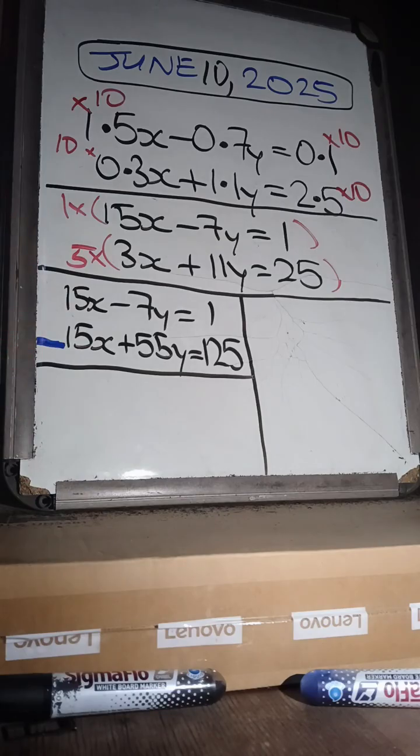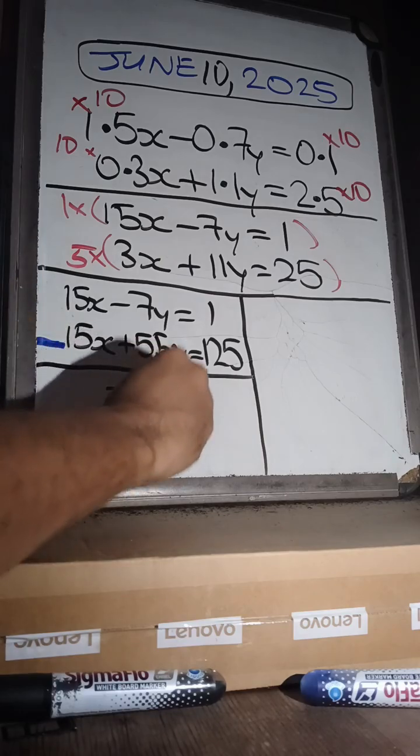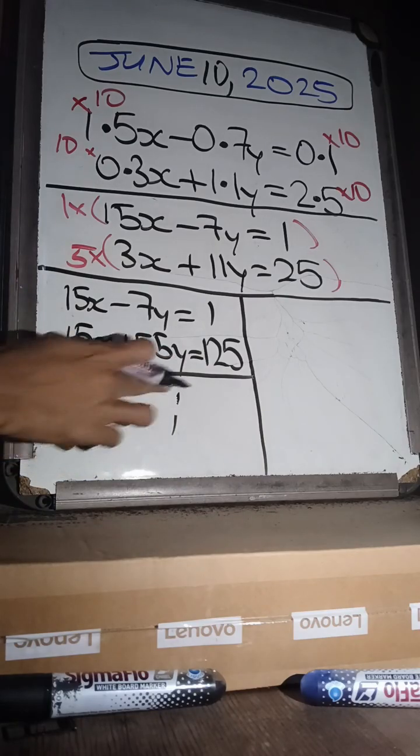So that will cancel. Minus 7 minus 55, that's minus 62, right? So this will be minus 62y.